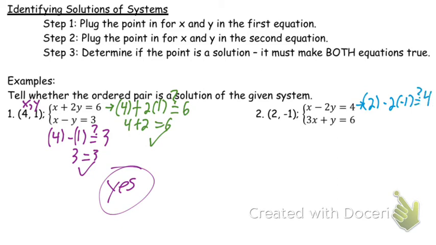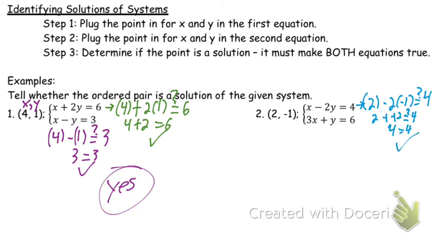So 2 minus 2 times negative 1 equals 4. 2 replaces the x, negative 1 replaces y. 2 minus, what is 2 times negative 1, guys? 2 times negative 1 is negative 2. But what's 2 minus a negative 2? Positive. So you really have 2 plus 2, right? What is 2 plus 2? 4. Does 4 equal 4?